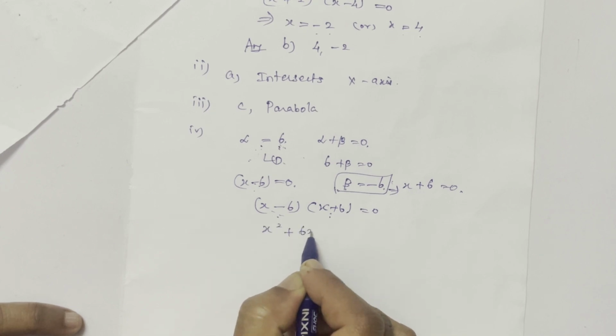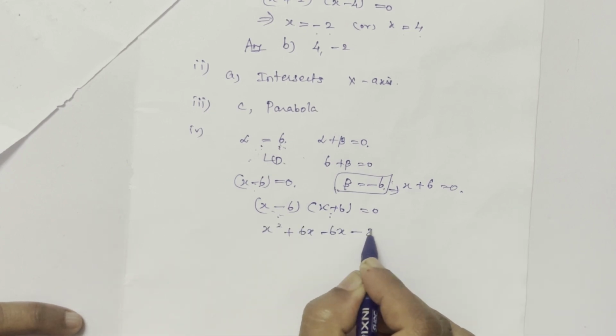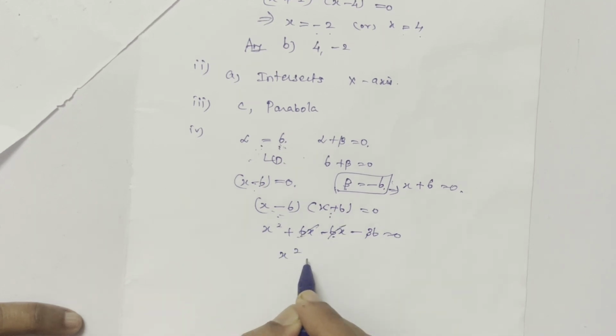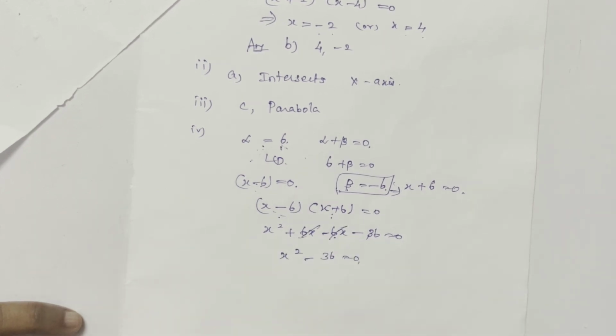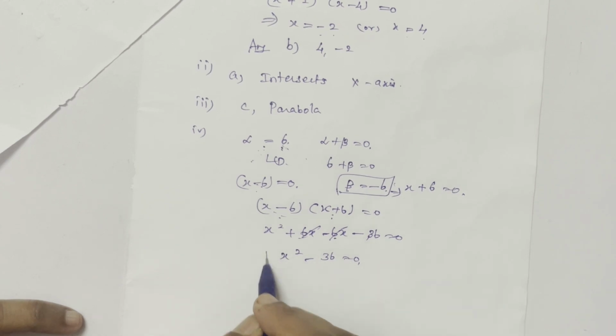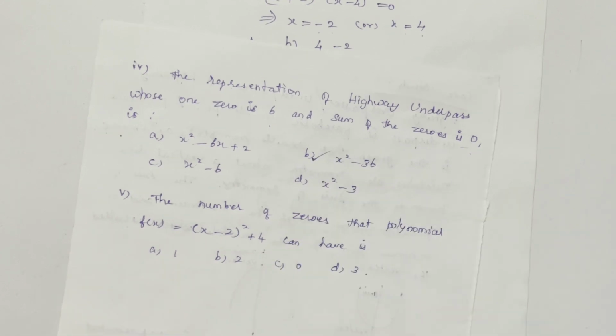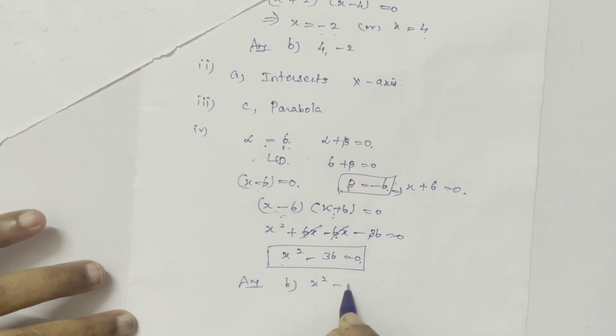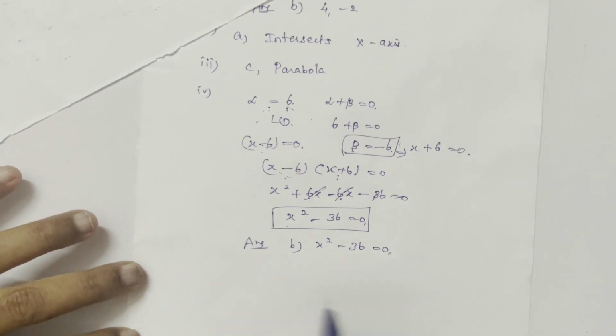X squared plus 6x minus 6x minus 36 equal to 0. Plus 6x and minus 6x will get cancelled. So x squared minus 36 equal to 0. This answer corresponds to option B. So our answer is option B, x square minus 36 equal to 0.